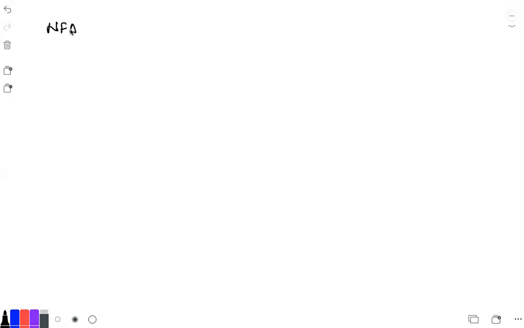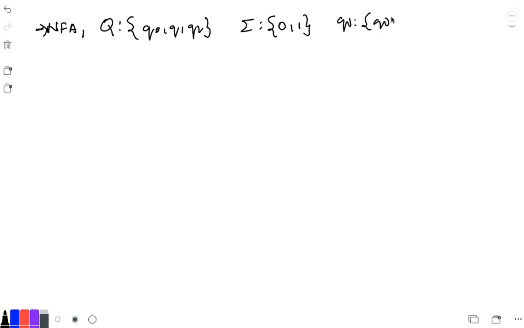Now, see. Construct an NFA over the 5 tuples. You will be given 5 tuples. So Q is Q0, Q1, Q2. Sigma is 0, 1. The initial state is Q0. F is Q2. This type of question can also be asked. You will be given the 5 tuples and asked to draw the transition diagram.